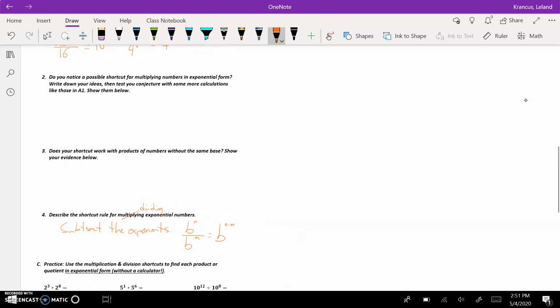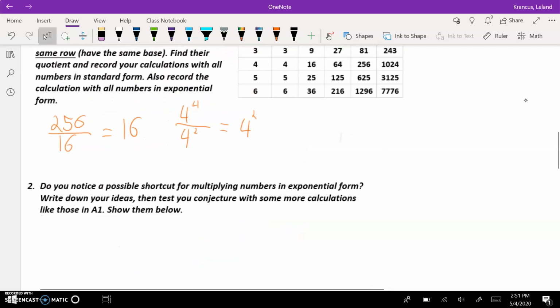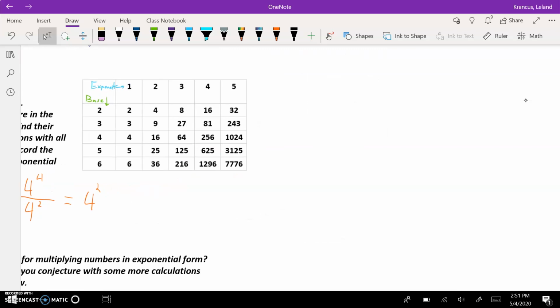And to show one more example of that, if we look up top, we could take something like, let's say, 81, so that would be 3 to the fourth power. And I divided that by 3 to the first power.